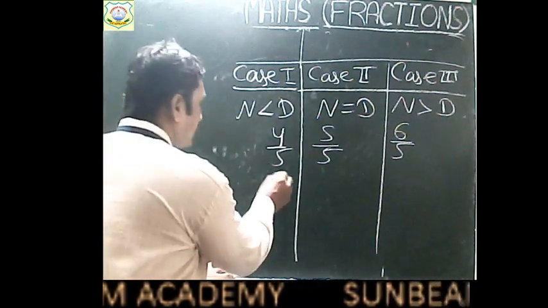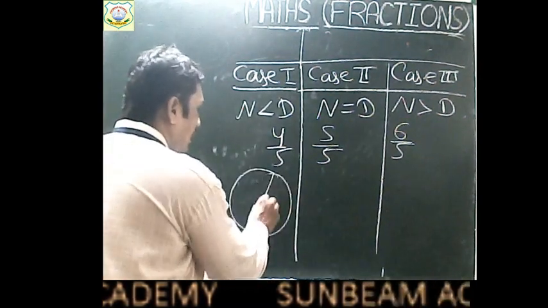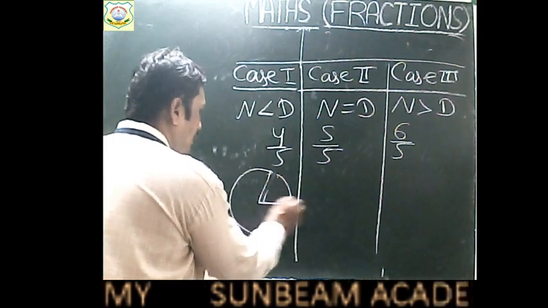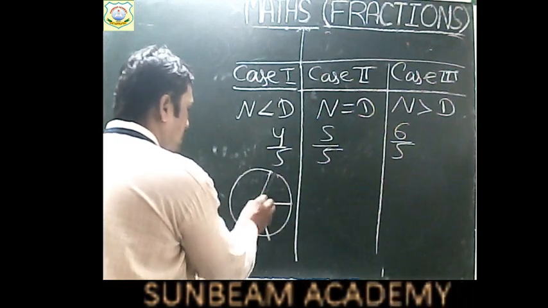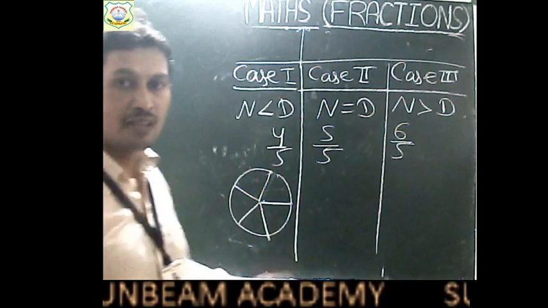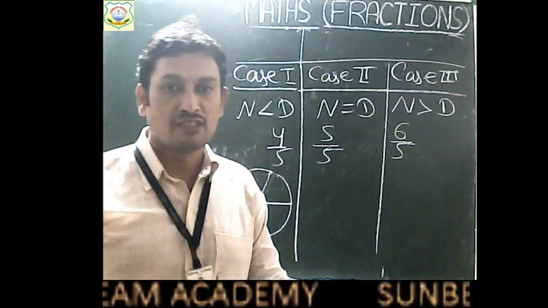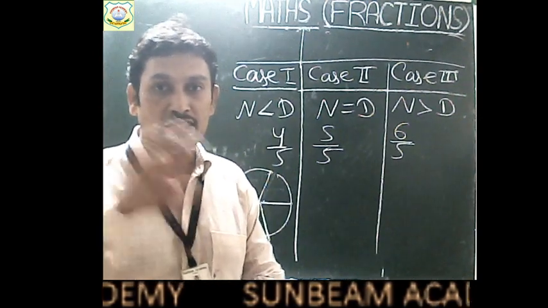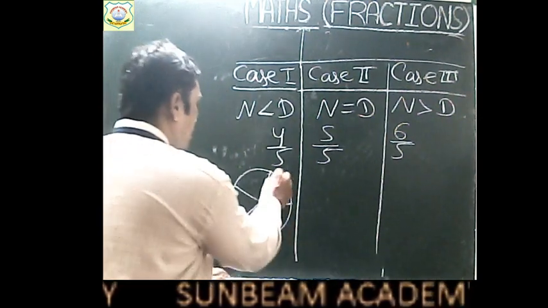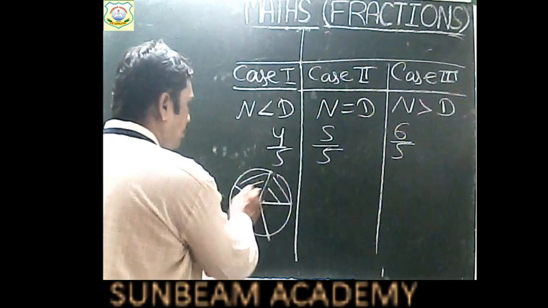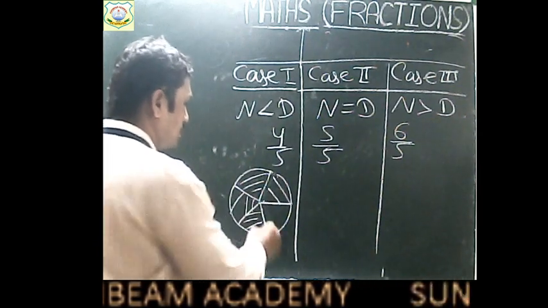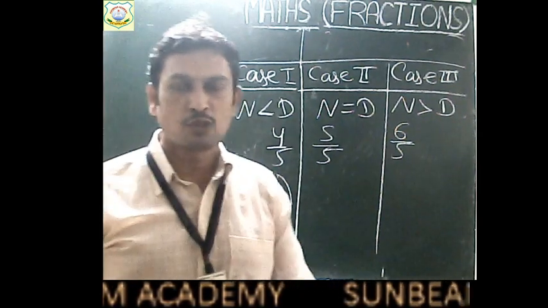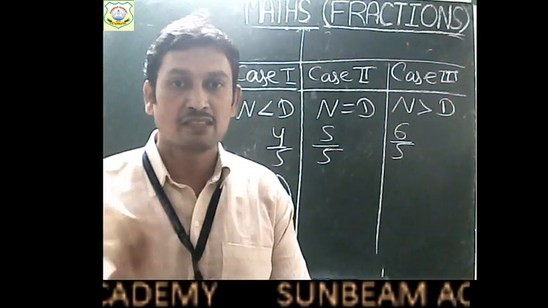Here you can say children, if we have an apple and we are dividing this apple into 5 equal partitions. So we are not choosing all 5 parts. We are not choosing the whole apple. We are choosing less than 5, less than whole. Okay. So we are choosing only 4 parts. So we are not getting whole, but we are getting less than whole.